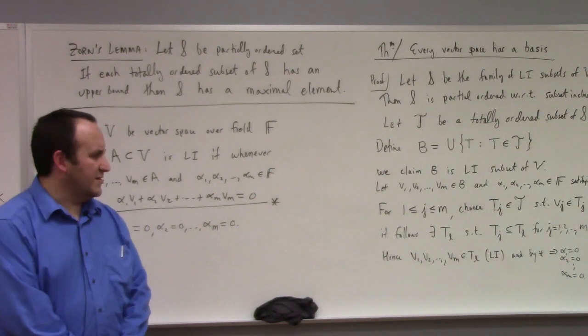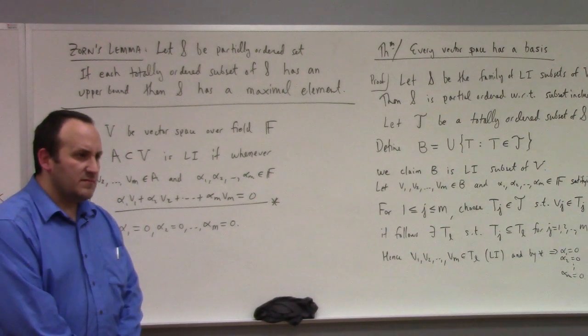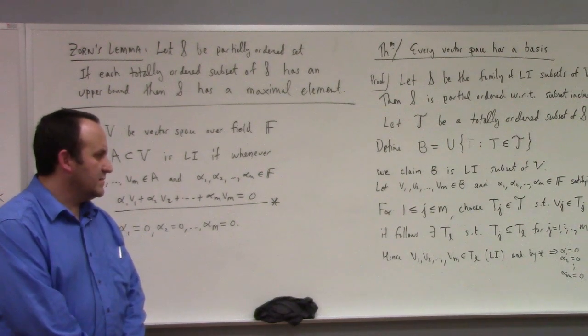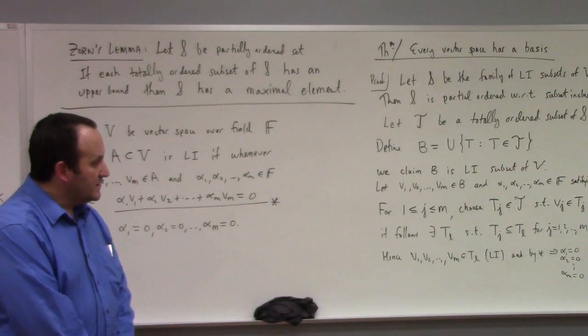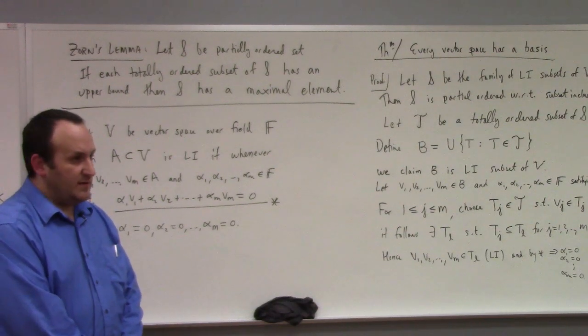I think that's necessary in order to make the steps we made here. But anyway, once you've done that, what do we got? We've got B is a linearly independent subset of V.